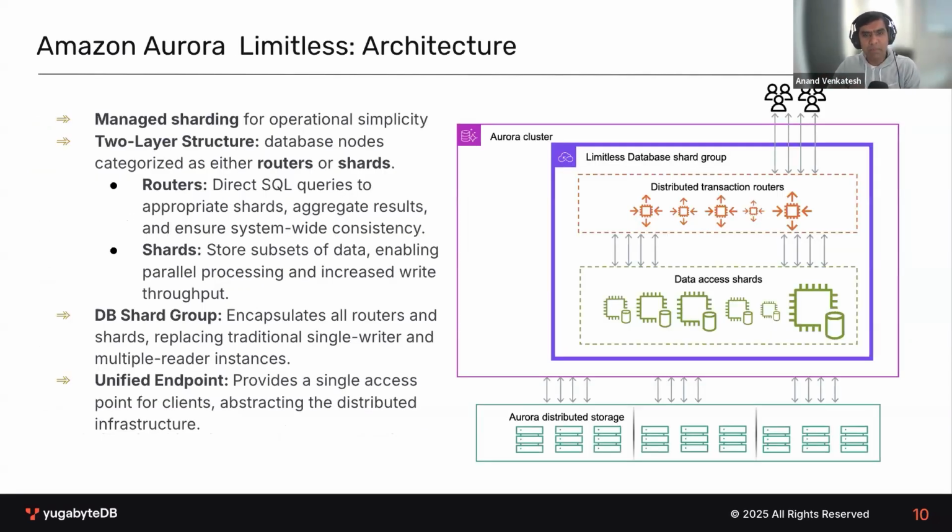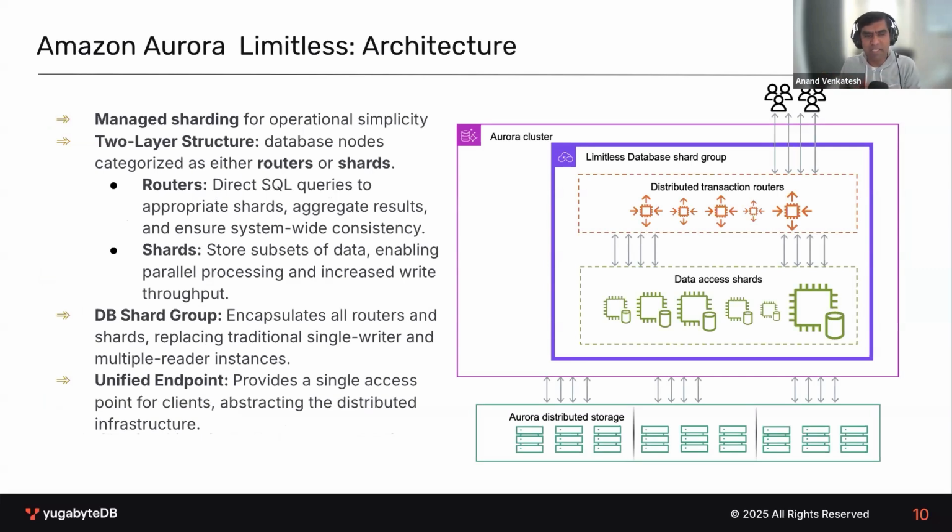Let's look at Amazon Aurora Limitless architecture now. This service addresses the scale problems that we talked about earlier through its auto scaling and sharding. At a high level, this service architecture includes shards and routers. It offers managed sharding, which is basically a simplified way of shard management. Two important components to note in this architecture are routers and shards.